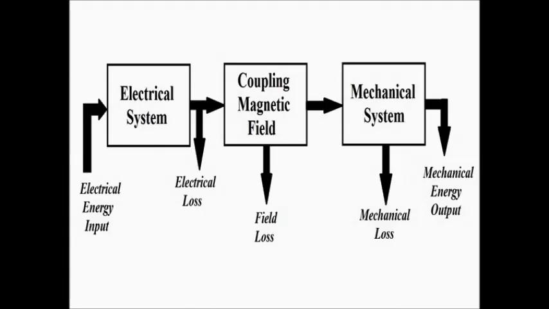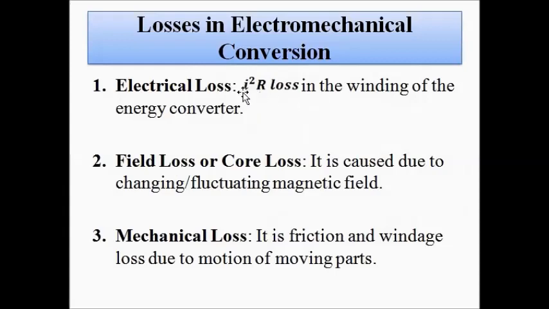So if we want to elaborate on these losses, the electrical loss is generally the heating because of the heating effects of electric current, the I square R loss. Okay, the current which flows through any material, the resistance which is offered by that material will cause these losses.